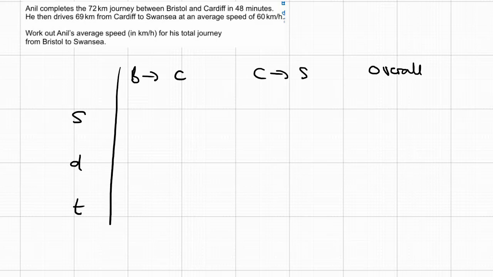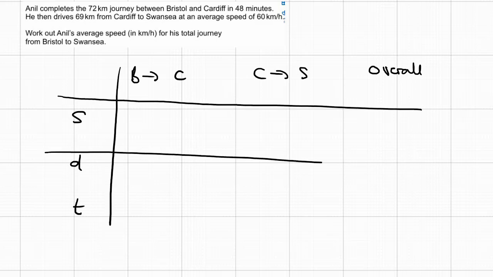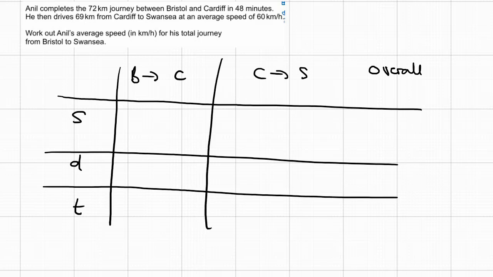So we are going from Bristol to Cardiff, and from Cardiff to Swansea, and then we've got an overall speed, distance and time. Because I've got two parts of a journey here, I'm going to make a table to store my information.